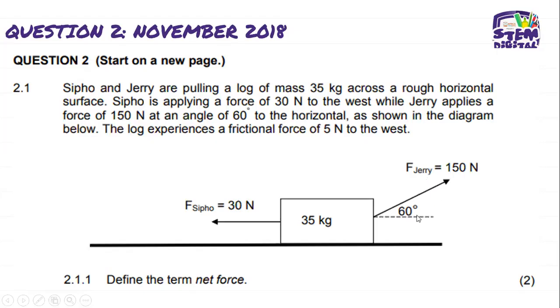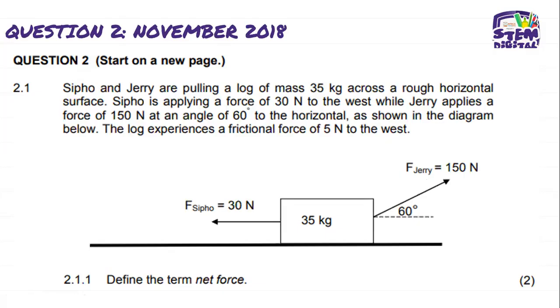Similar to the question that we did, we can break this force into components, because when it is at an angle of 60 degrees to the horizontal, we won't be able to work with it. So it is better to break it into components: the vertical component going upwards and the horizontal component going in the easterly direction.